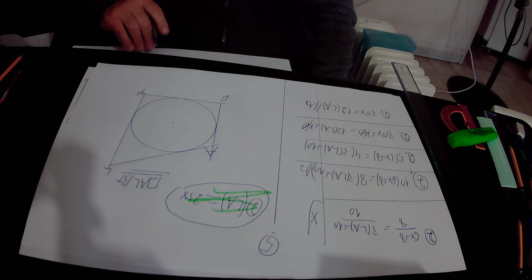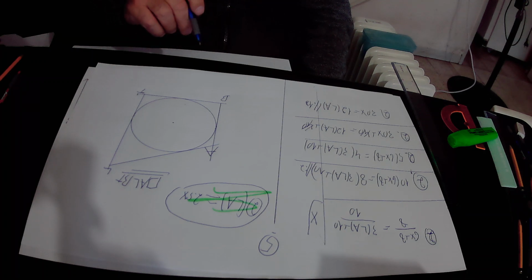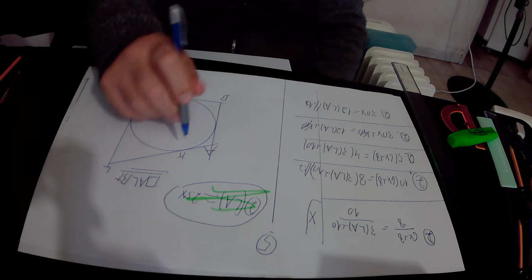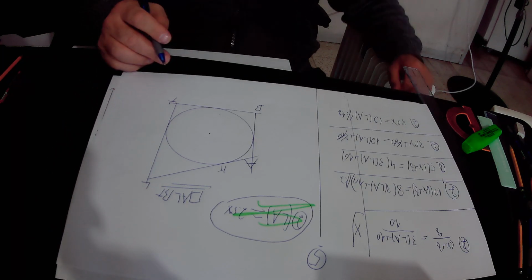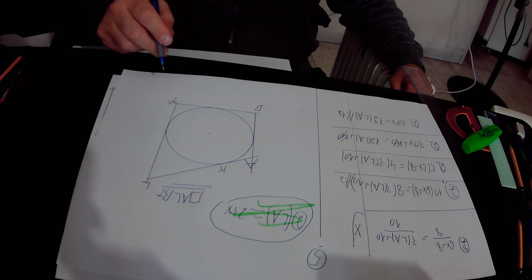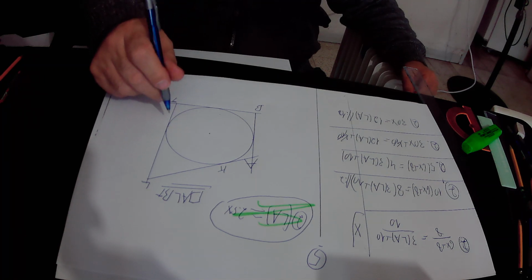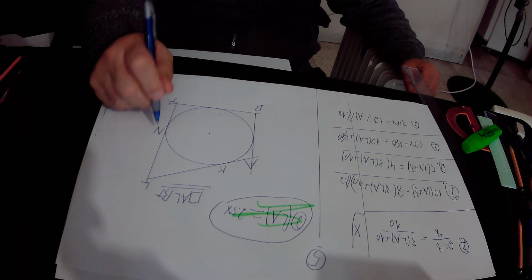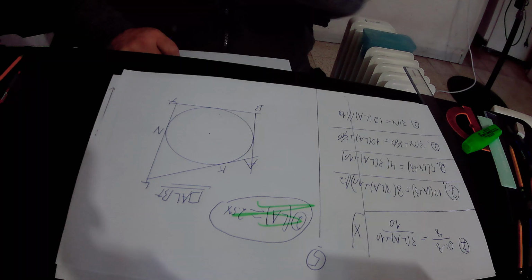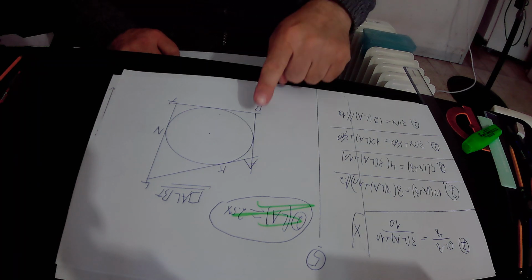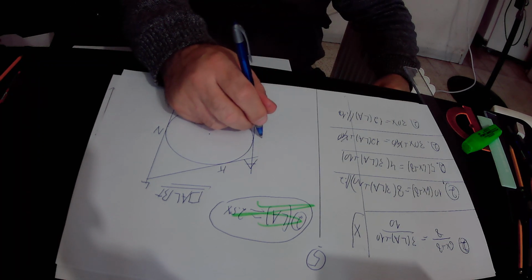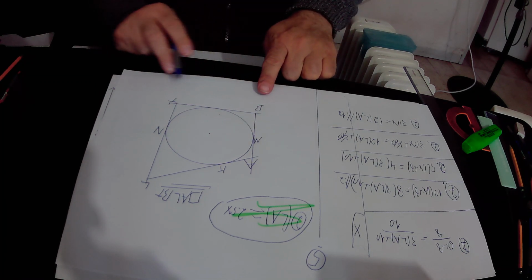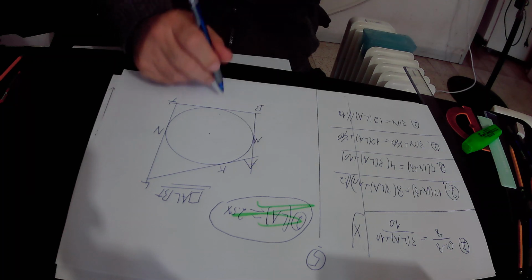We'll define the point of tangency of tangent AL with this circle as K. We'll define the point of tangency of tangent LT with this circle as N. We'll define the point of tangency of tangent AB with this circle as M. And finally, we'll define the point of tangency of tangent BT with this circle as H.